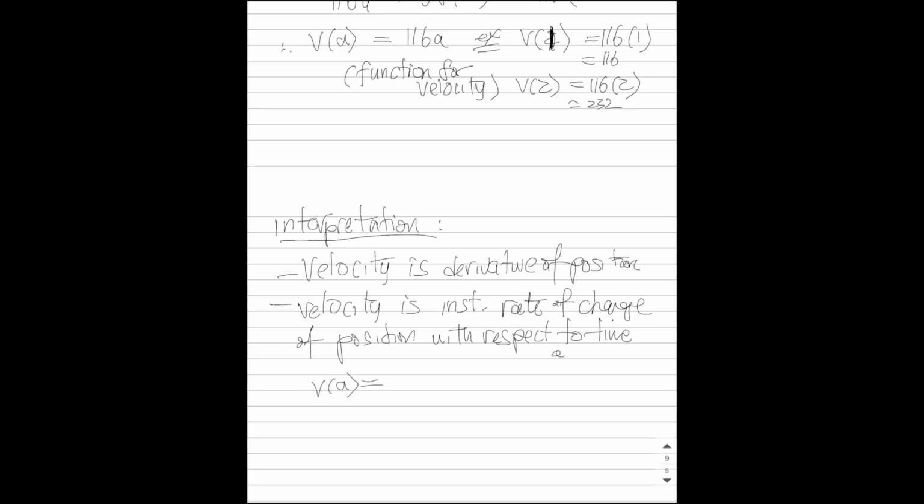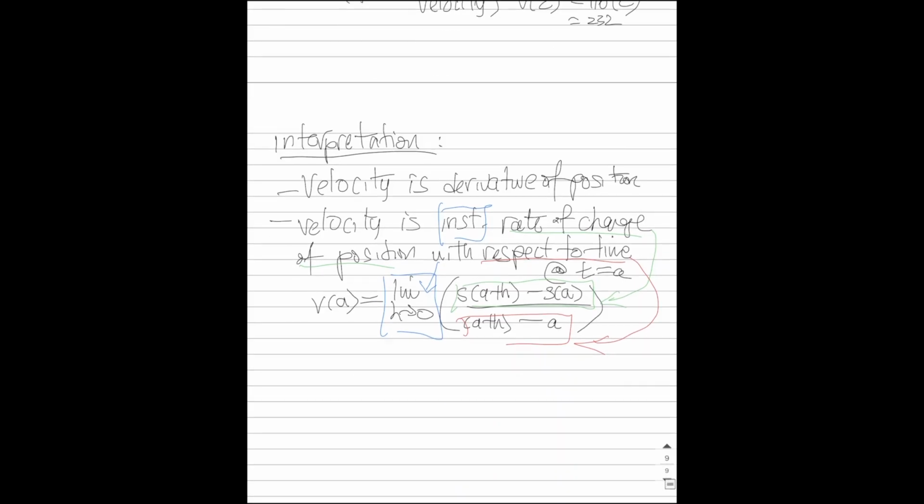If you look at this formula, we've got position changing upstairs and time changing downstairs. The limit is what makes it instantaneous.